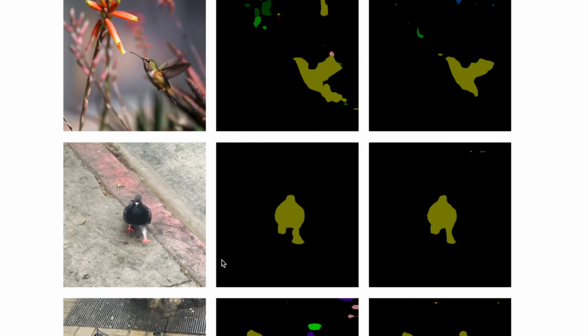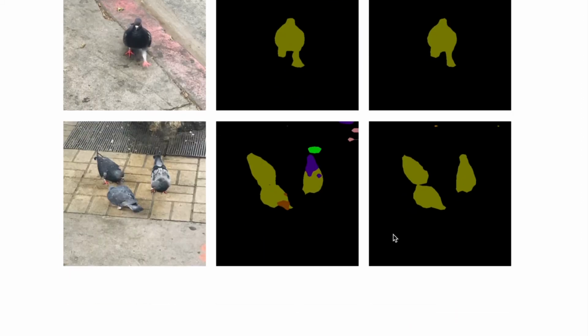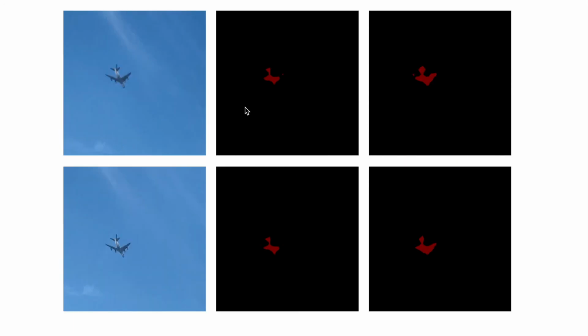But it also fails when encountering trees with lots of leaves, and cannot provide detailed results. The pigeon is a good case to show that the original network tends to connect both pigeons together, while our network can separate them well. The airplanes all show that when adding an edge loss, we can get a nice result.